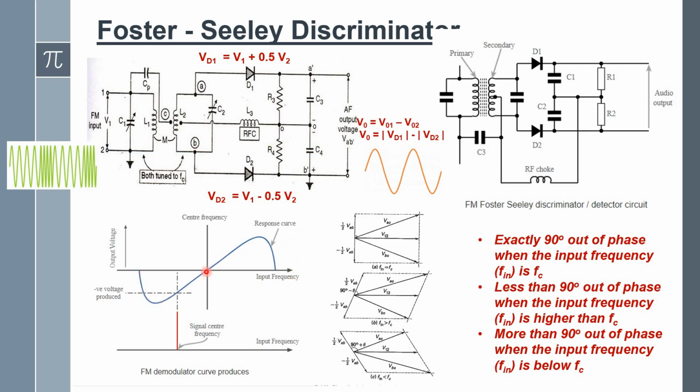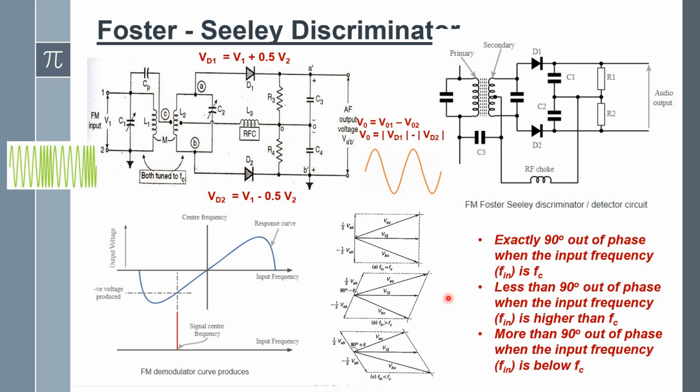The center frequency is fc, the upper side is fc plus delta f, and the lower side is fc minus delta f. Whenever the frequency increases, the output voltage increases. Whenever the frequency reduces, the output voltage decreases. So we are able to get both a positive cycle and a negative cycle using the Foster-Seeley discriminator.